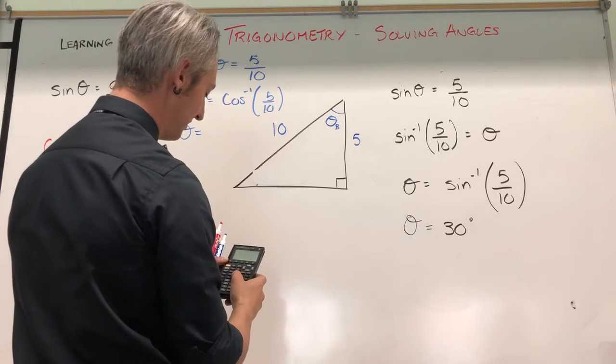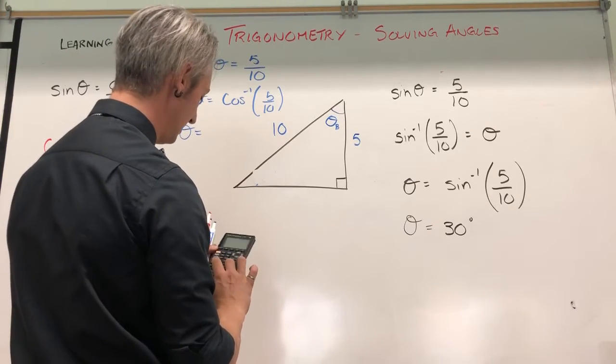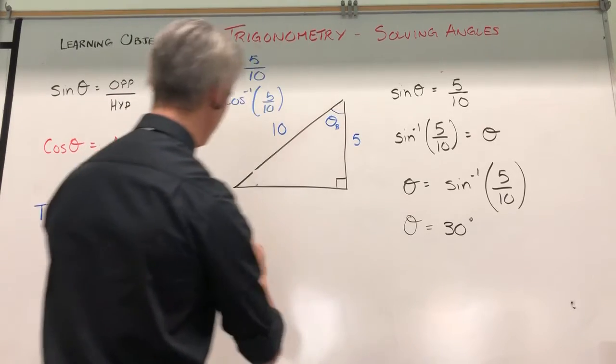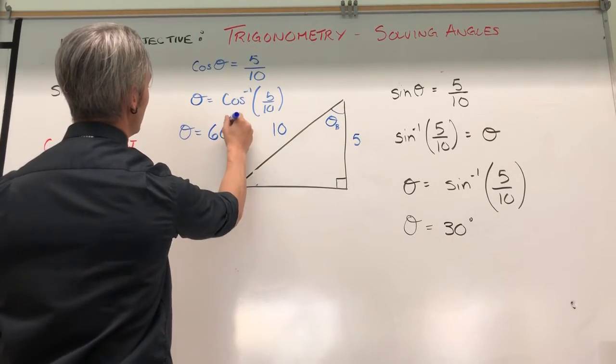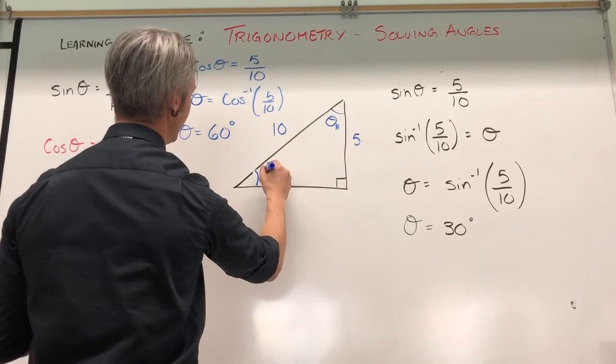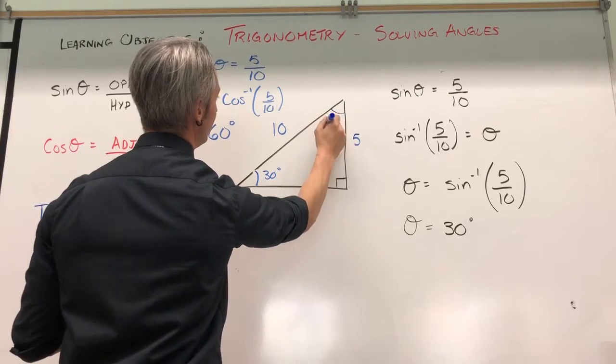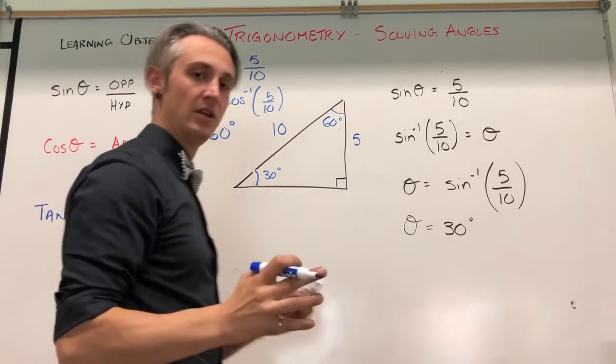I do cos inverse in my calculator, which is second cos, open the bracket, 5 divided by 10, and it gives me an angle of 60 degrees, which makes sense because I haven't changed anything about the lengths here. So this is 30 degrees, and this now becomes 60 degrees. I have figured out angles.